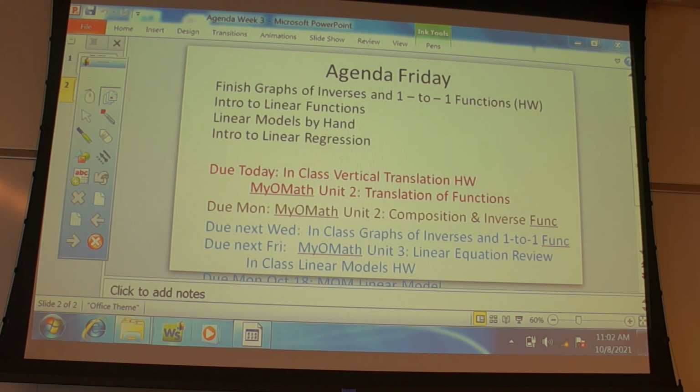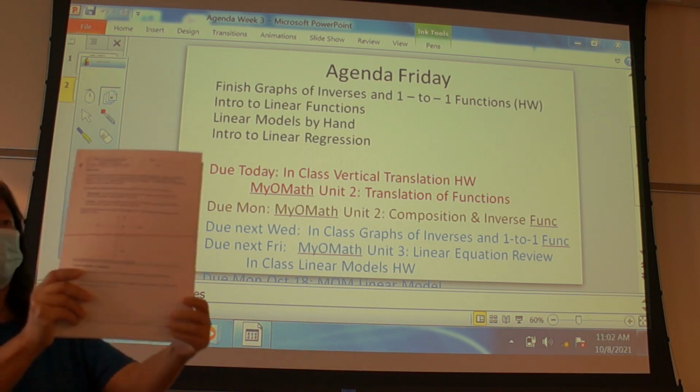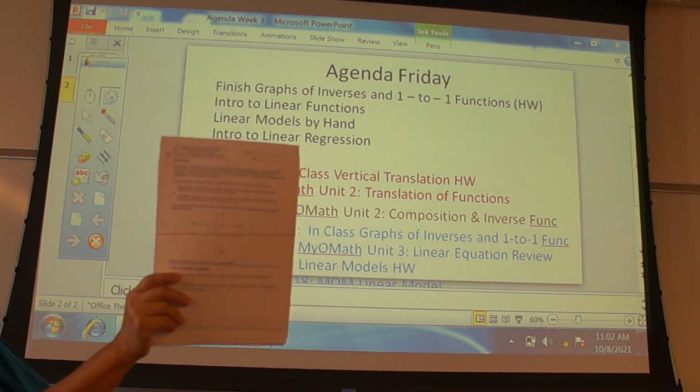Today you have due in class vertical translation homework. So that one looks like, someone have theirs that they can show me? Oh yeah, you're right, here it is. It looks like that. So this one is due today.